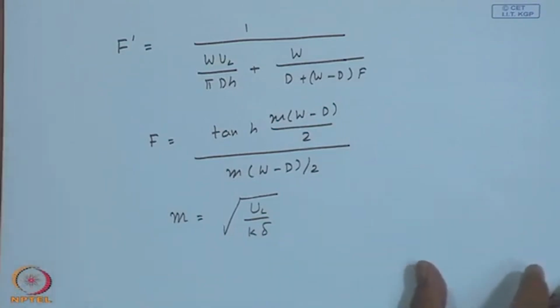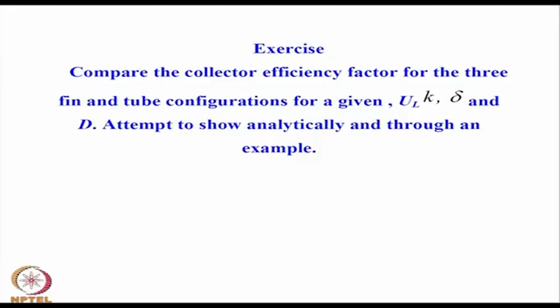So, this is what we have considered in the last class, and I also said that you can prove analytically or through an example, for a given W and d and U L, whether the first arrangement or the second arrangement or the third arrangement is better.